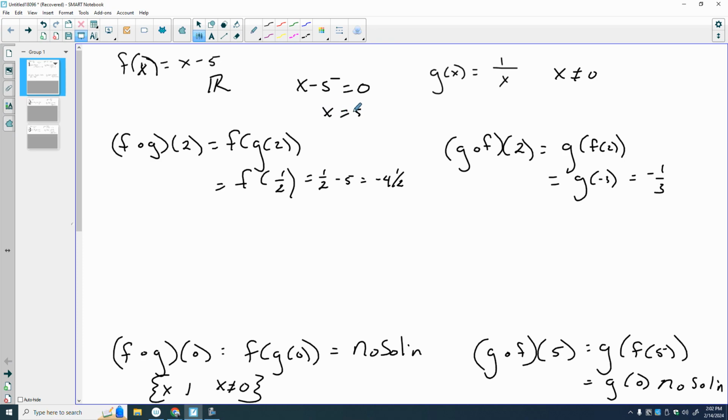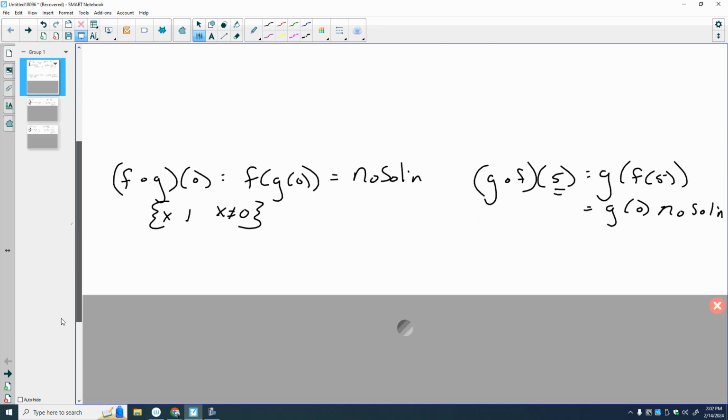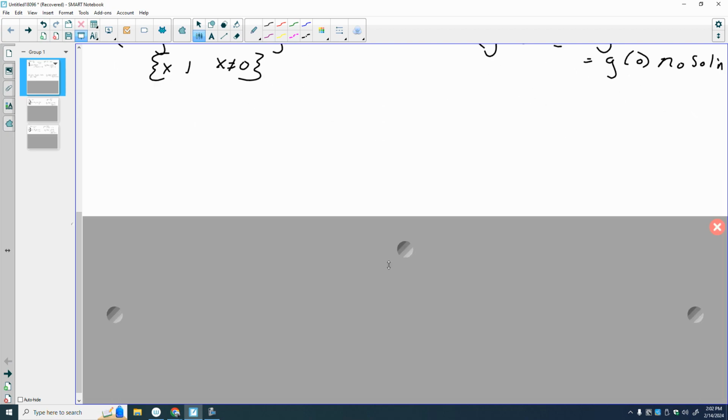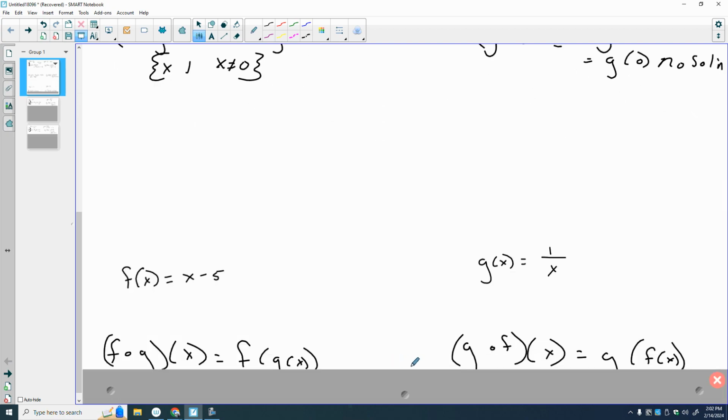When x equals 5, which is why this didn't work. I take this function and I set it equal to what x can't be, and that will determine the domain of my composite function. Okay, so let's do generic f of x.